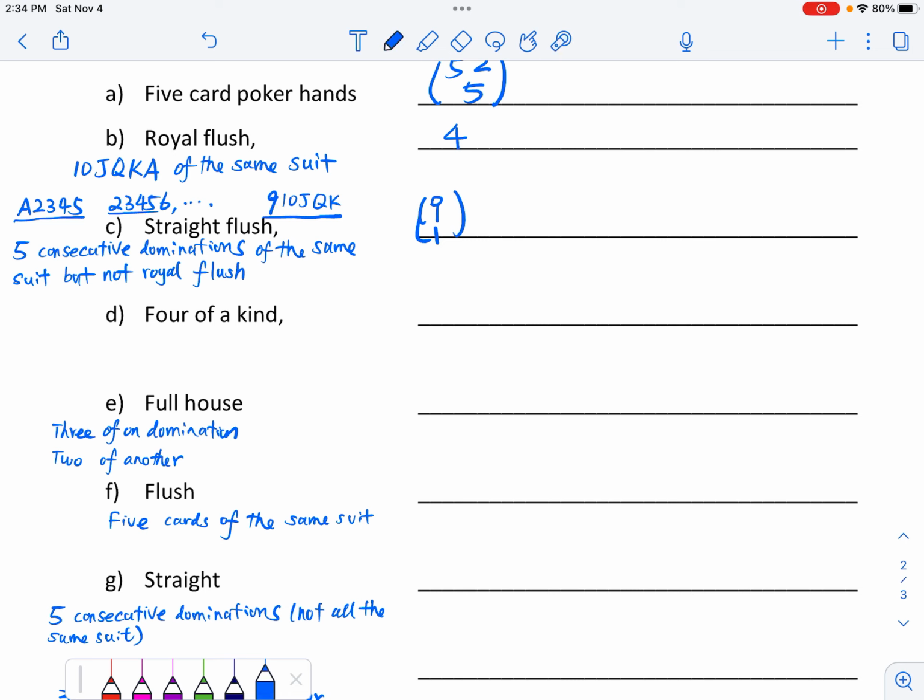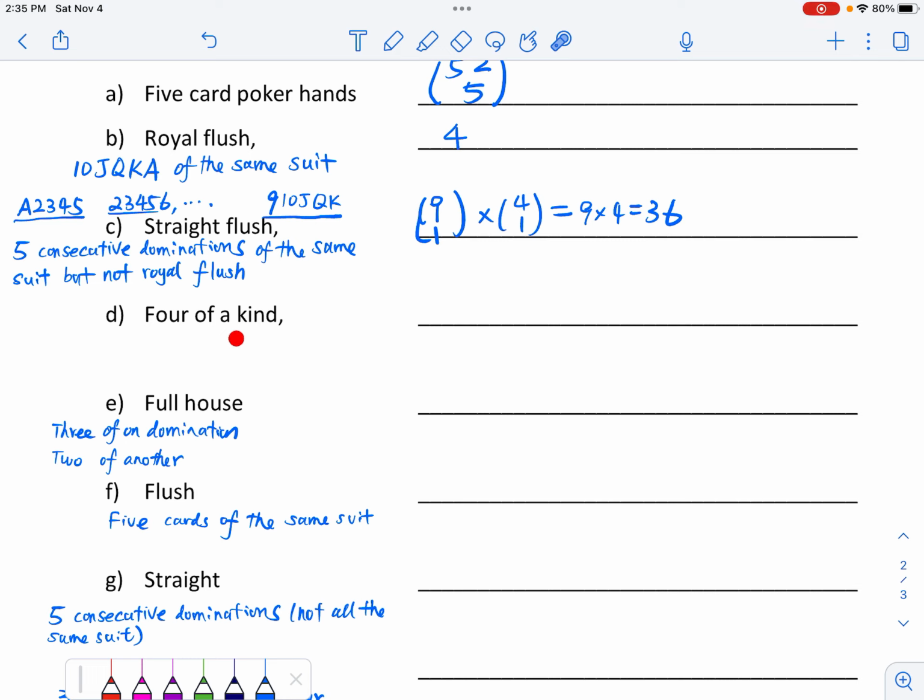So for any one that you choose, there are only 4 different suits. So just times 4, 4 choose 1, which is 9 times 4. That's 36. Or you can just think about it: for each one there are 4 suits, and there are a total of 9 possible straight flushes. So 4 times 9, which is 36.